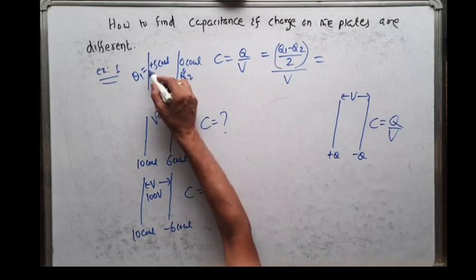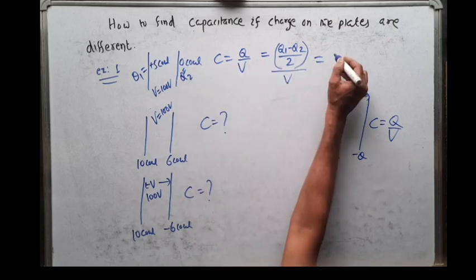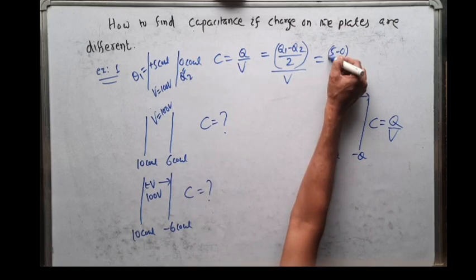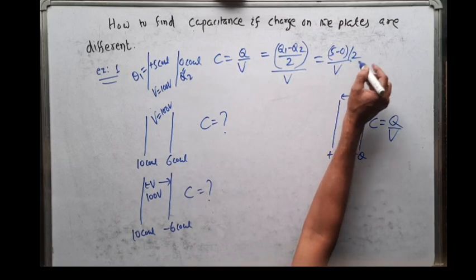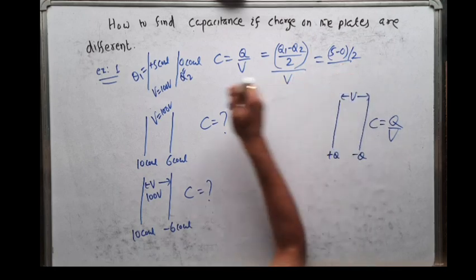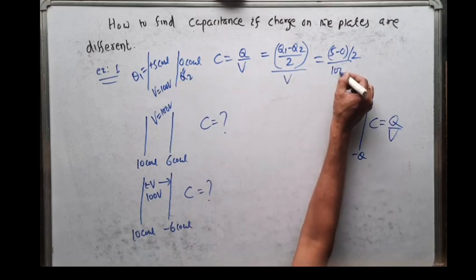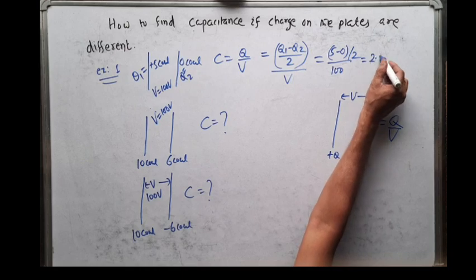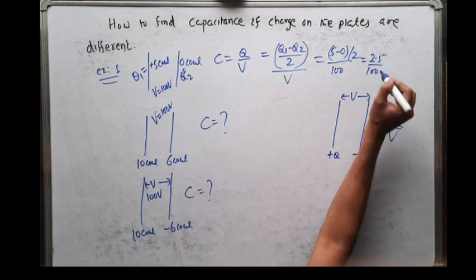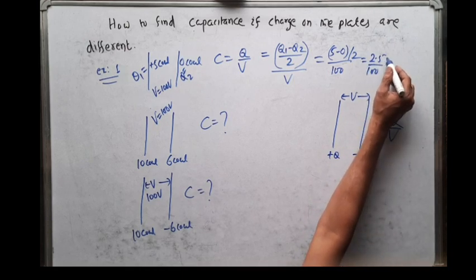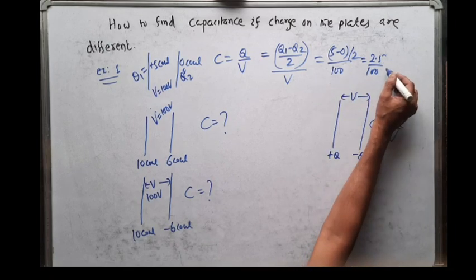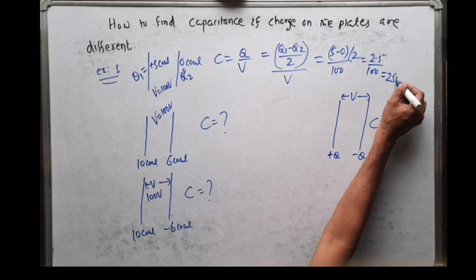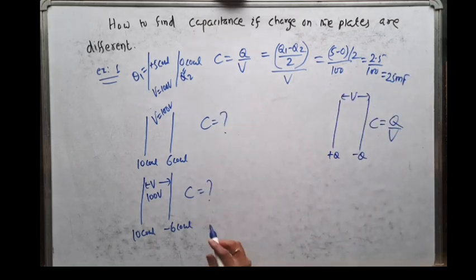So here it is 5 coulomb minus 0, 5 minus 0 divided by 2, by V. V in this example is given as 100 volt. So that is equal to 2.5 by 100. If you multiply by 10 in the numerator and denominator, it will be 25 millifarad. So this is the capacitance.